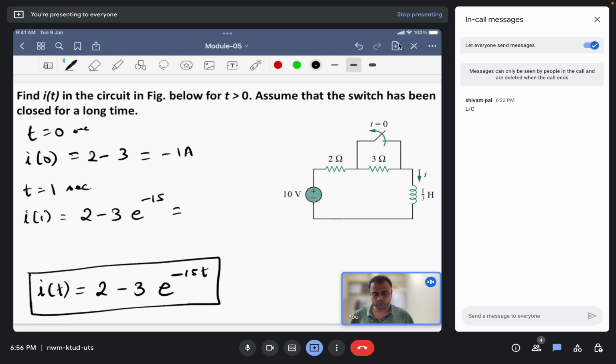We'll take one more point here and try to plot how this curve looks. So 2 minus 3 multiplied by e to the power minus 15. The current here will be 1.99 amperes.